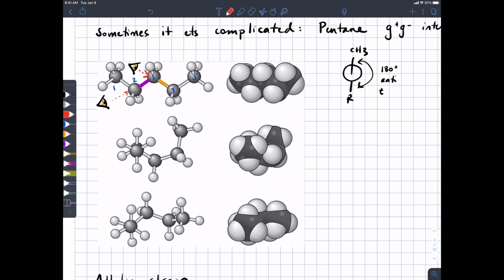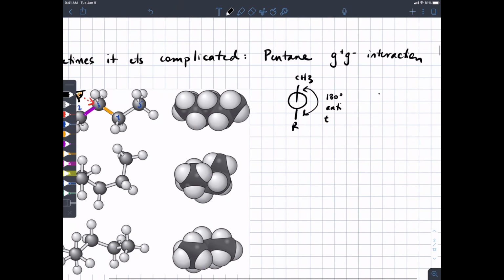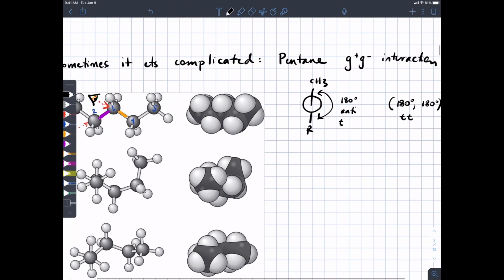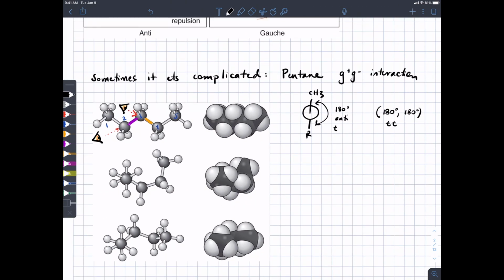And so you could describe this conformation with 2 dihedral angles. You could call this 180, 180. You could also call this TT, or you could call it the extended conformation or the all anti conformation. But it's those 2 dihedral angles that define what the molecule looks like, or its overall shape.